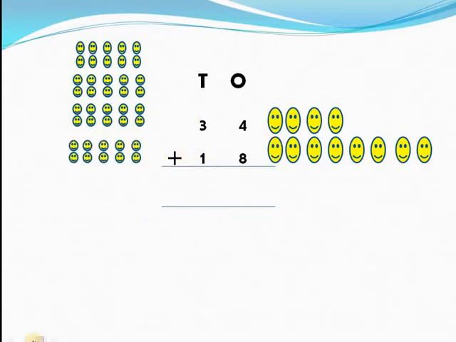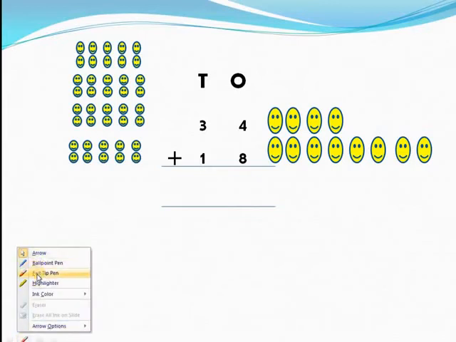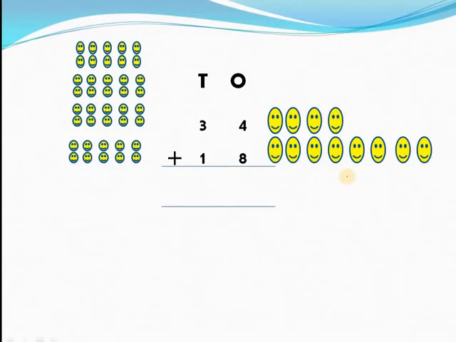Now when we see ones numbers and when we add them, 4 and 8. 4 and 8 is 12. So here I'll write 12. Here in ones place we have 2. In tens place we have 1. This is tens place. So that means I'm going to take away 10.